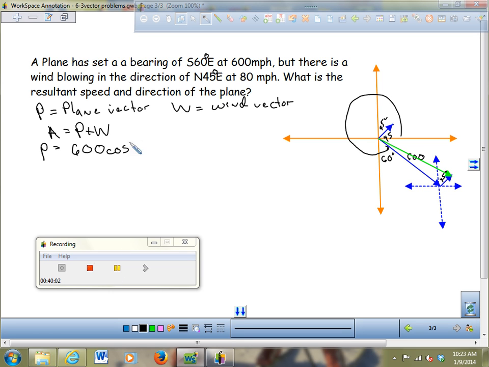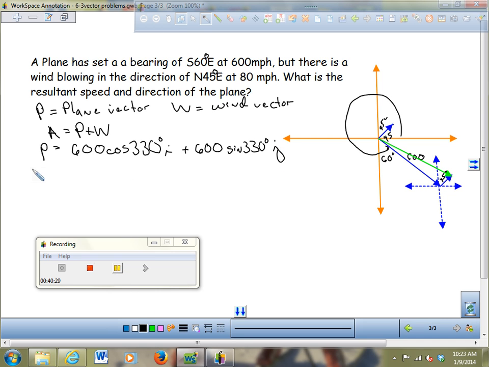It's 330 degrees, right? You guys understand why that's 330? Because this is 60, so that'd have to be 30, so you're 30 short of getting back to the x-axis. In the i direction, plus 600 sine of 330 degrees in the j direction. So that's my P vector.